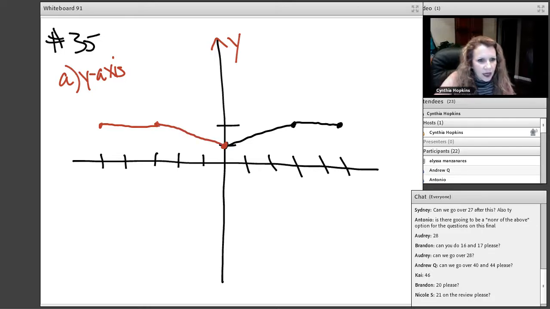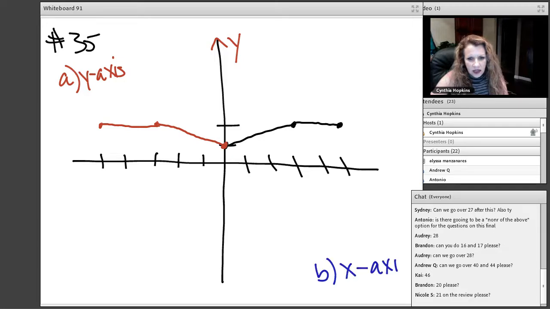Okay, part B, I'm going to do in blue. And B said symmetry with respect to the x-axis. So B is x-axis. So anything that my black graph was doing above the x-axis, now I'm going to do the same thing below. And so I need a -1 and a -2.